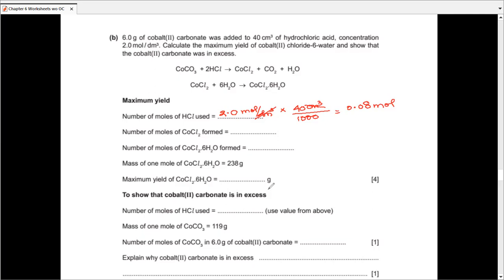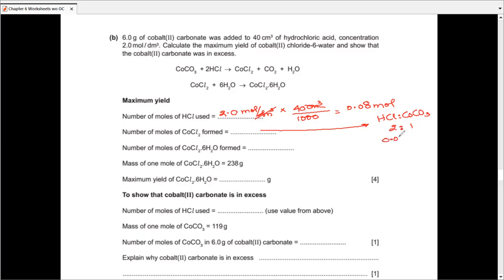0.08. Great. Now, the number of moles of CoCl2 it is going to form. Here, we definitely need some ratio. So take a look at it. HCl ratio CoCO3. We have 2 ratio 1.